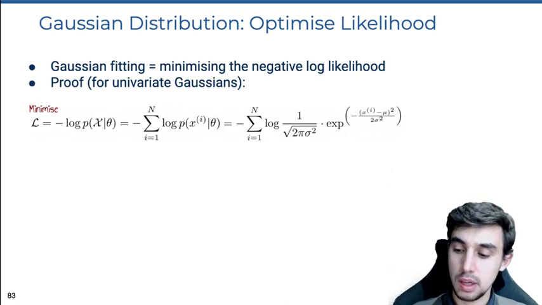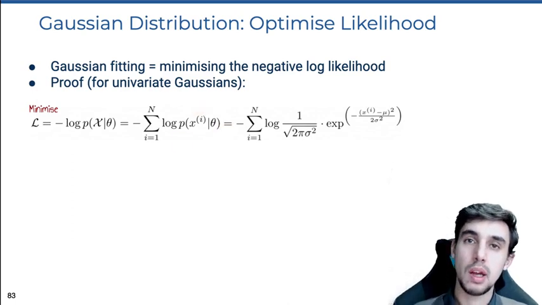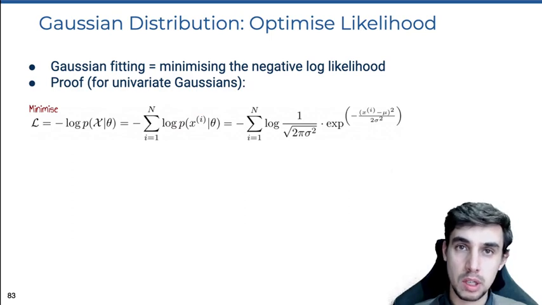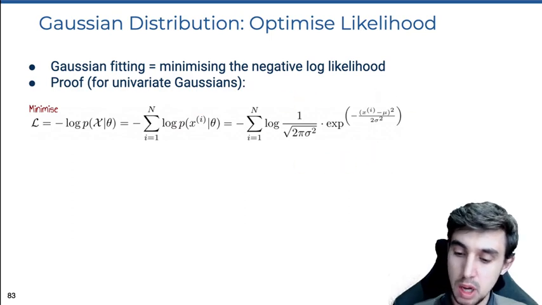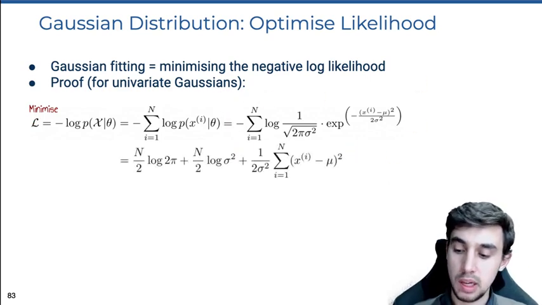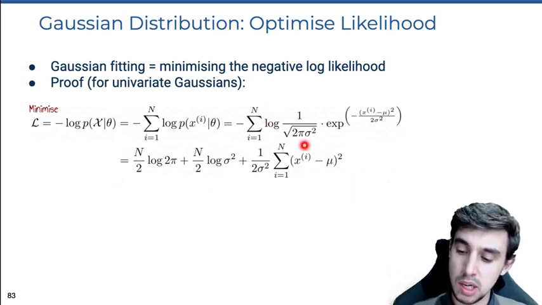And you can find from the previous slide that the probability output of the Gaussian distribution follows this equation. So the likelihood or the negative log likelihood actually follows this equation here. And that can be decomposed again thanks to the log term into this equation here.